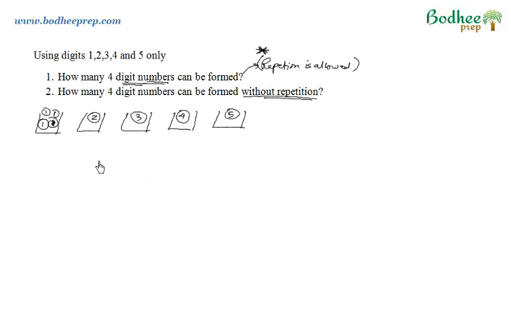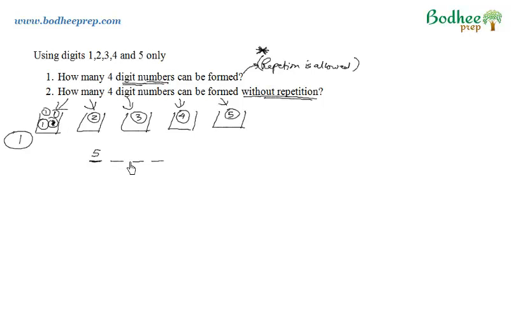Now you have to make a 4-digit number, so there are 4 places to fill. We are solving question 1. For the first place, you have to take one digit out of these 5 bags. So the option for you is 5, because you can take 1 from this bag, 2 from this bag, 3, 4 or 5 from the others. So for this place we have 5 options.